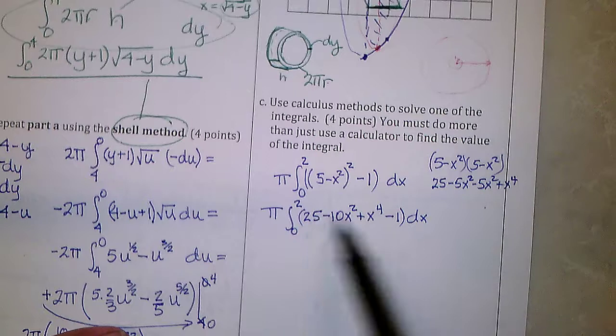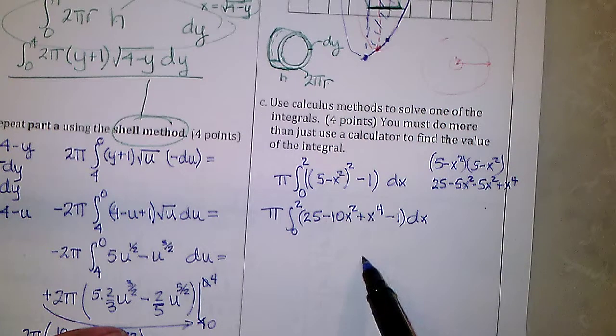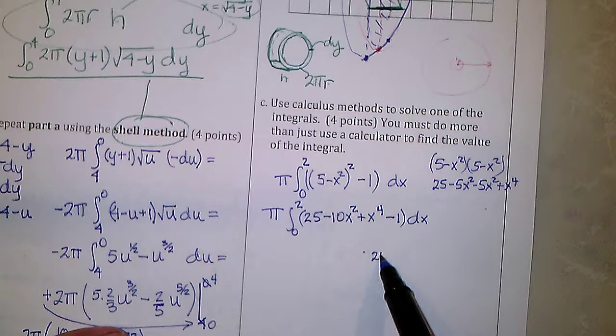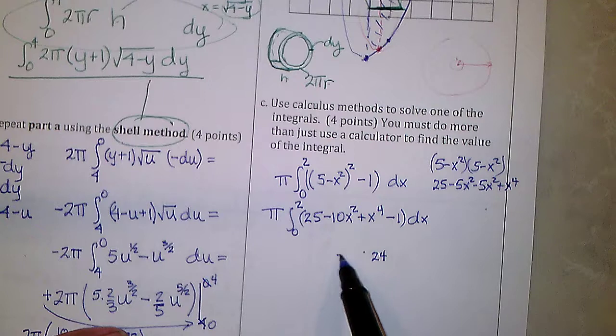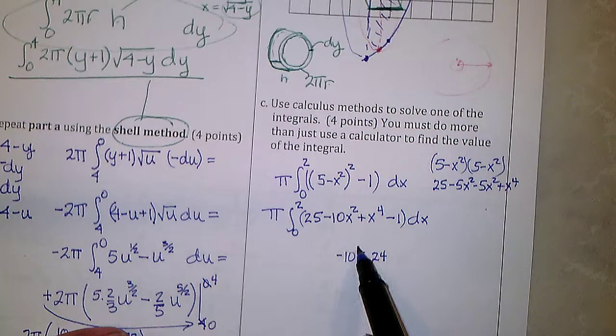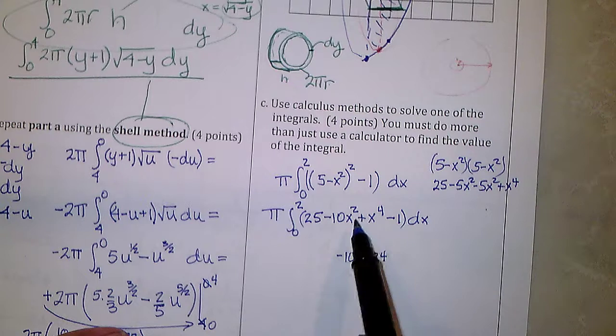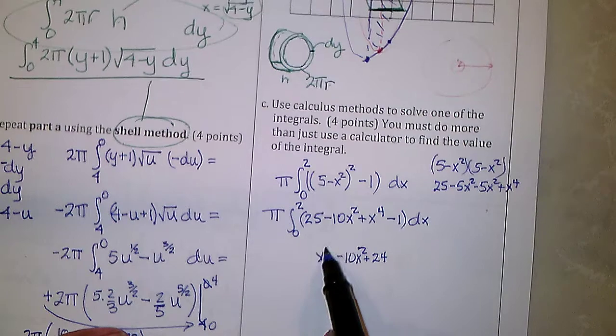Well, 25 minus 1 would be 24, minus 10x squared, and x to the 4th.